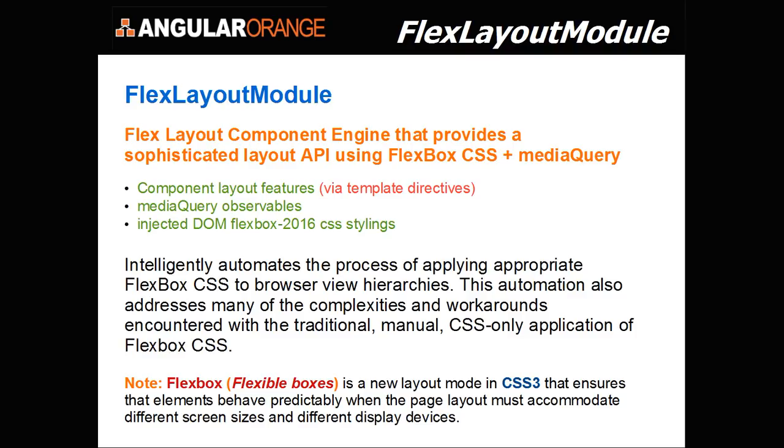Now, I previously wrote AngularOrange.io using Flexbox and Material Design, and I found it very interesting how simple it was to change styles and have your application display, let's say, material design cards in a container within different devices.